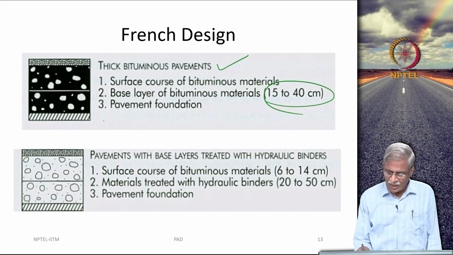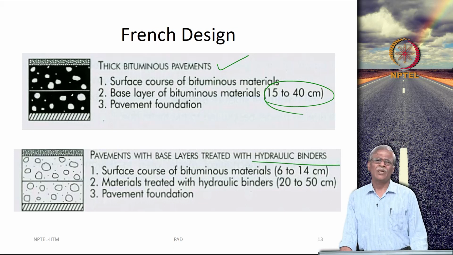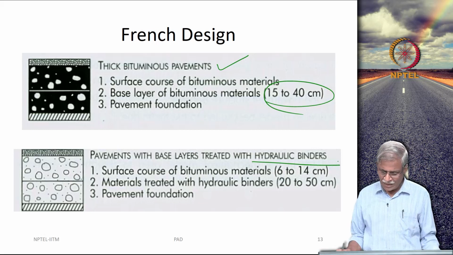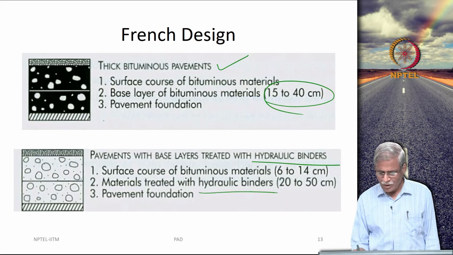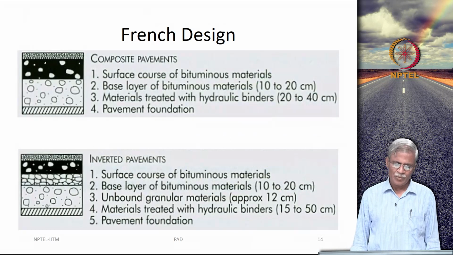And there are also some cross sections with hydraulic binders. Hydraulic binder is nothing but using cement as a layer. So, you can call it a cement treated subbase or cement treated base.